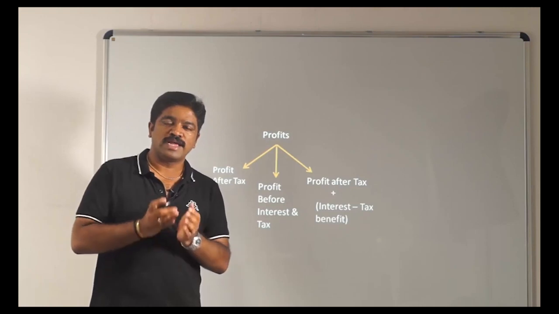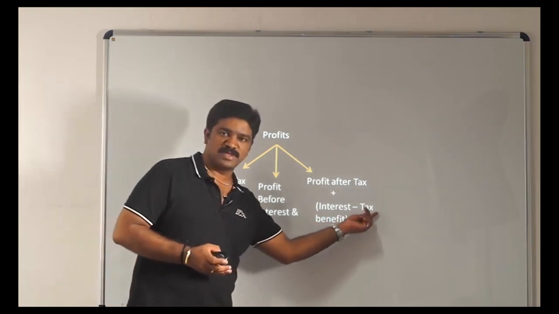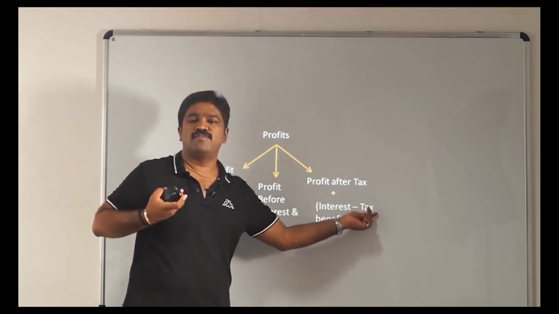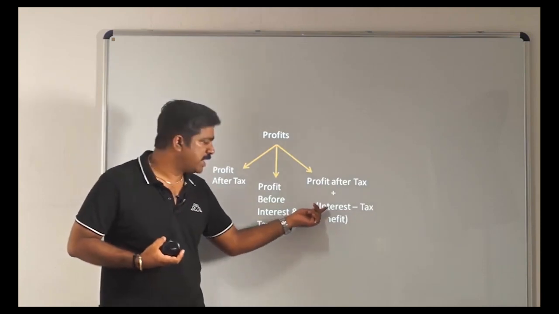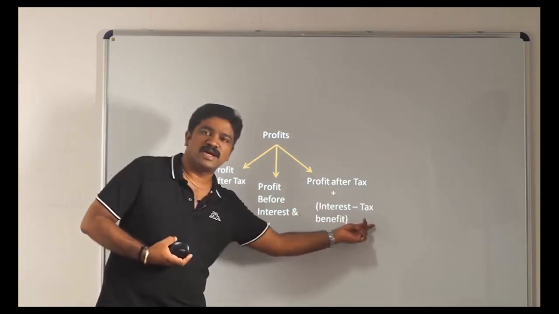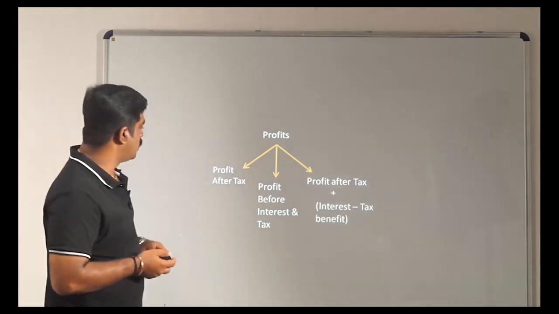And if you want to calculate exactly what is the return after adjusting for tax benefits and all from the lender's point of view as well, then third method is used, where interest is not simply added back, it is added back after adjusting for its tax benefit. Okay, so let's look at the formula.